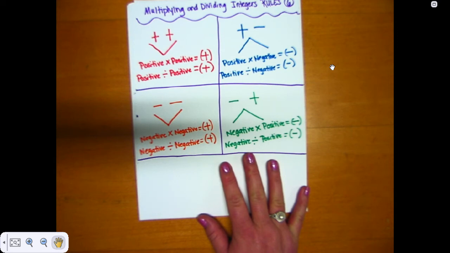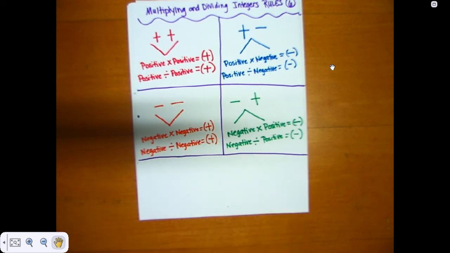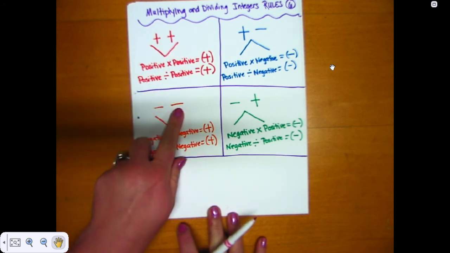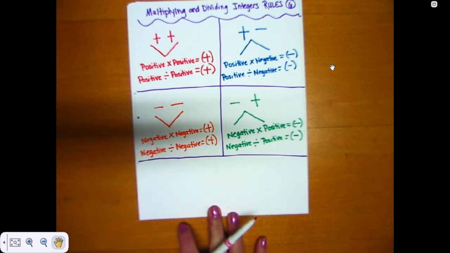So when we were adding and subtracting, we said things like same sign equals sum, or different sign equals difference. So let's make up a little catchy saying for this. For multiplying and dividing, we have the same signs here and they're positive, and the same signs here and they're also positive. So we could say same sign equals positive.